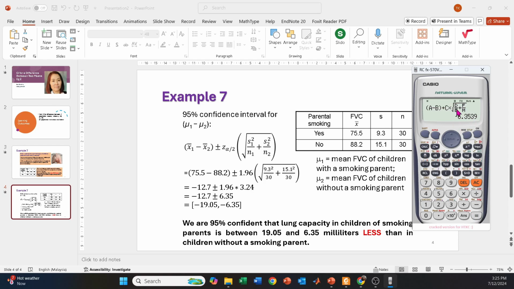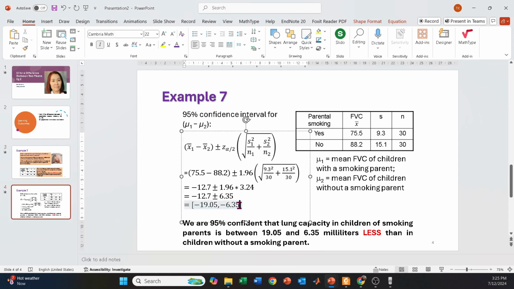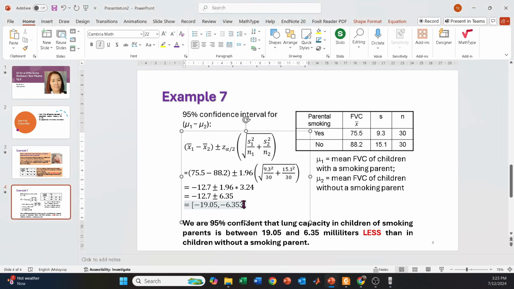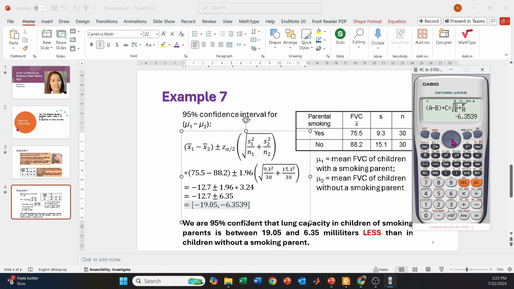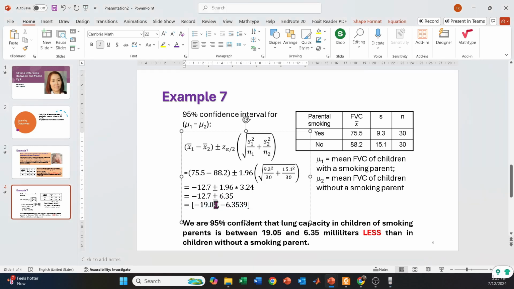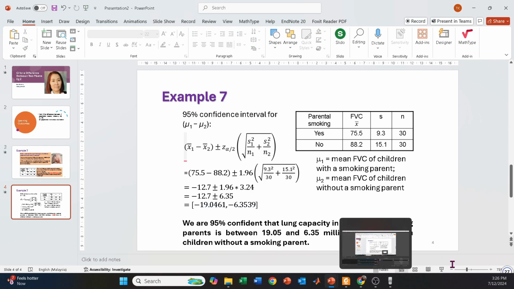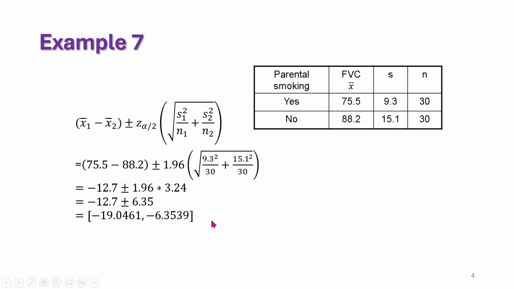It gets the upper confidence limit negative 6.35, or negative 6.3539 if you want 4 decimal places. This one is negative 19.0461. So you get the values here, the confidence interval.